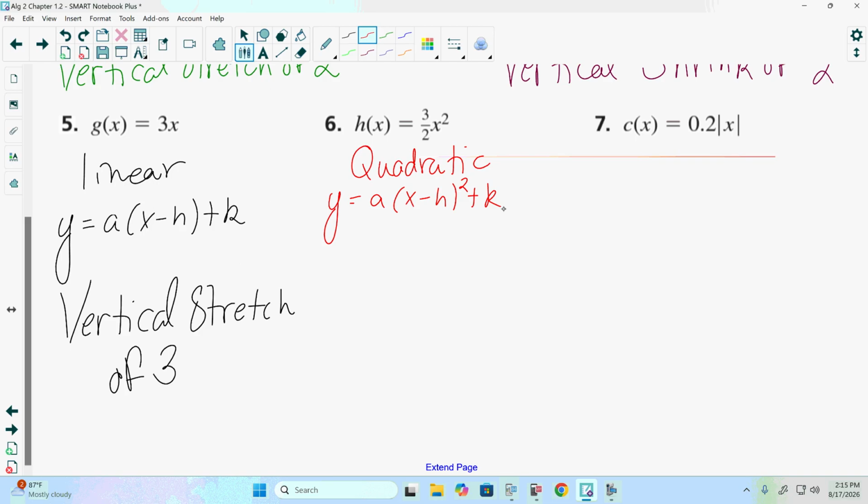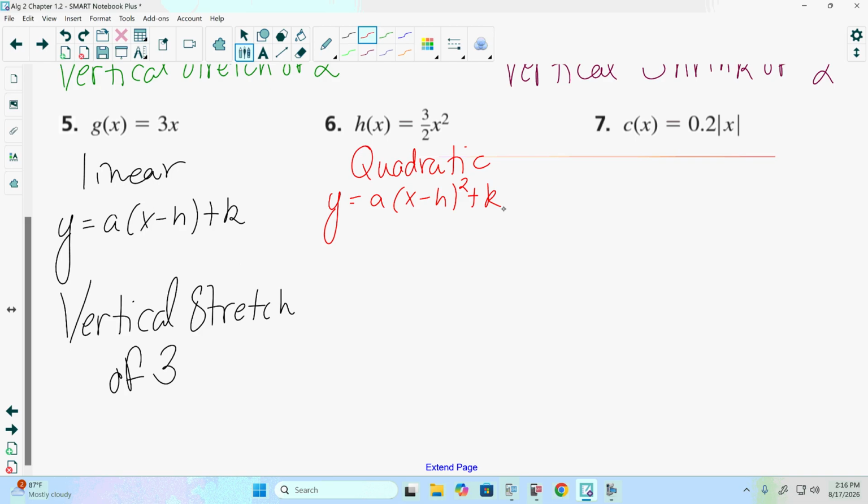Do we have movement left or right? Nope. How about up or down? Nope. We do have something in place of a, yes? Is it negative? No, so there's no reflection across the x-axis. So we're talking about it being vertical stretch or vertical shrink, yes? We have a fraction, don't we? So it has to be shrink.